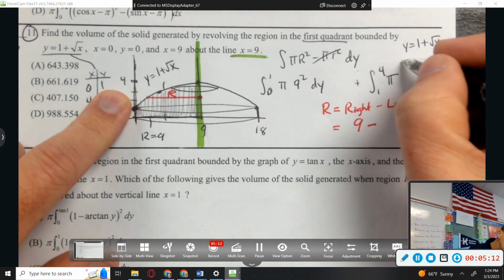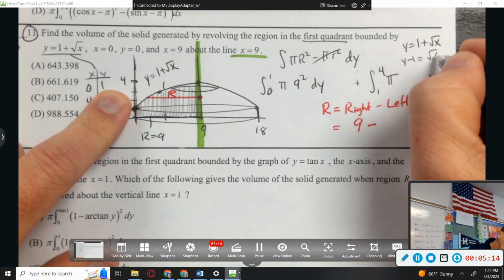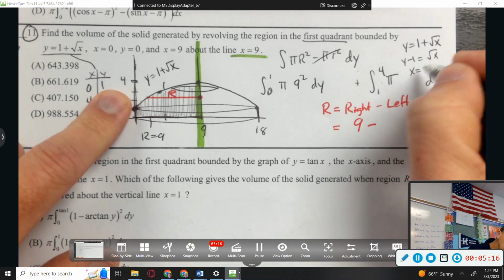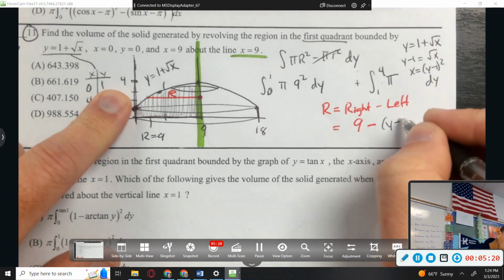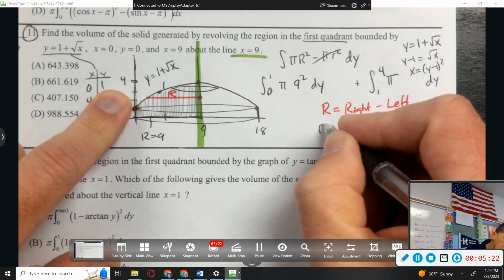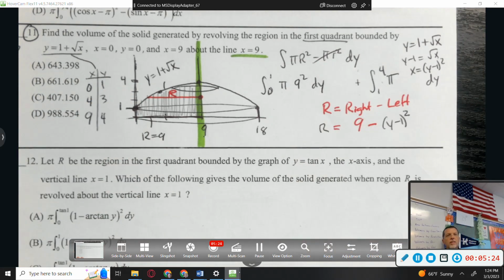I'll move the 1 over, and then square both sides. y minus 1 squared. So that r distance is 9 minus (y minus 1) squared.